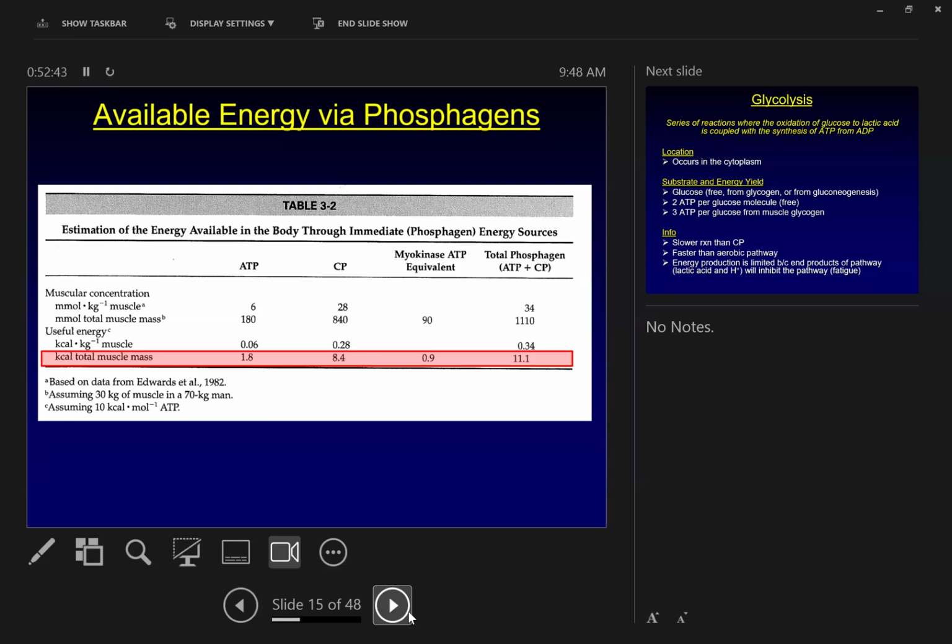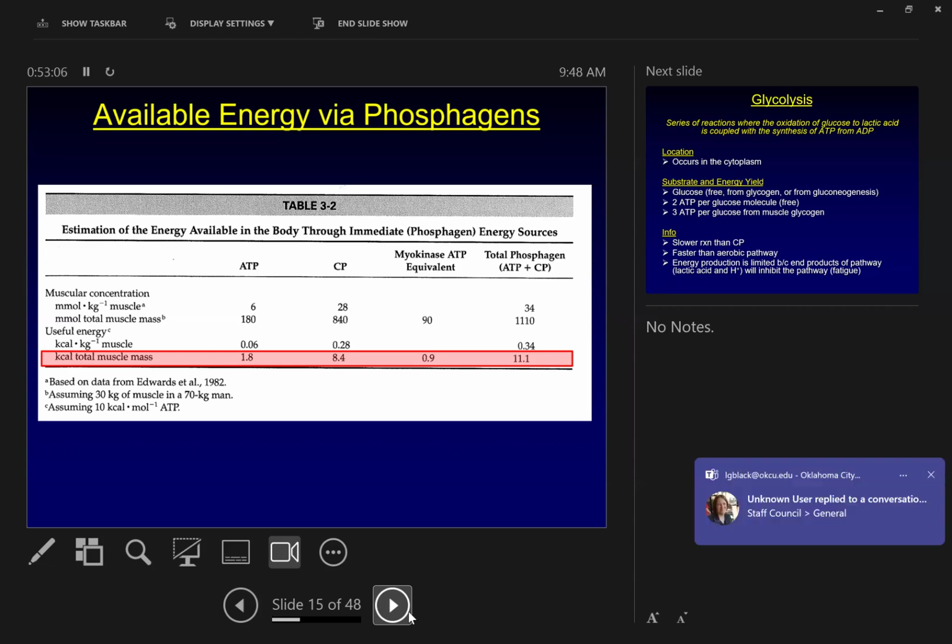There's a finite amount of energy in these systems. Their use is going to be really fast, typically within the first 3 or 4 seconds to maybe 15 or 20 seconds of exercise. They're fast because they're simple one-step reactions. That's why they go fast, but they're very limited.